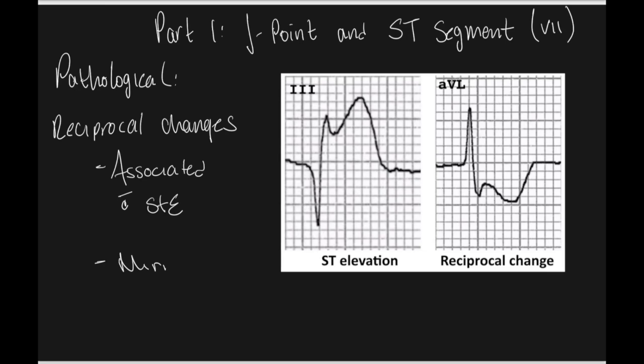A lot of times they're almost mirror images of the ST elevation. So we'll see here we have this pattern, and we'll see that ST depression, that reciprocal change, is almost a mirror of that ST elevation.